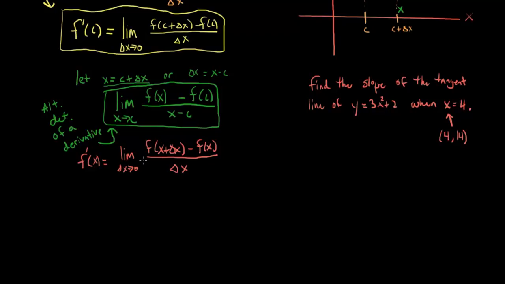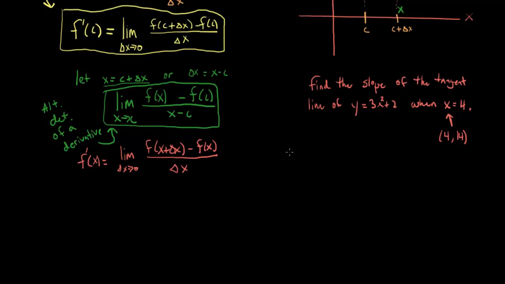This gives us the slope at a particular x value, like here where x would equal 4, but I'm going to solve for the general derivative, and then we can evaluate that derivative function at x equals 4 to find the answer.